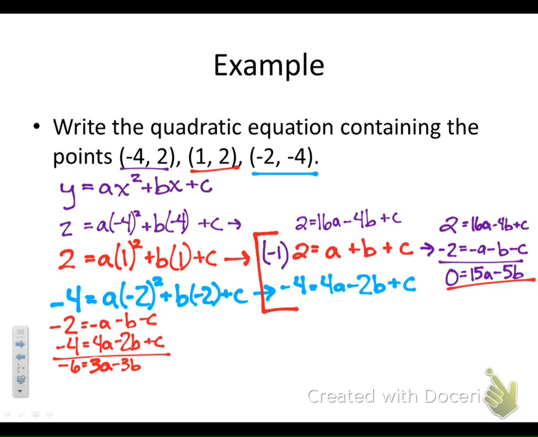I'm going to use this equation that just deals with A and B, and this equation that just deals with A and B, and eliminate a third time. I'm going to choose either A or B to eliminate. So I'm going to take this bottom one and multiply it by -5, making a new equation for that one, and then copy this one and put it above it.